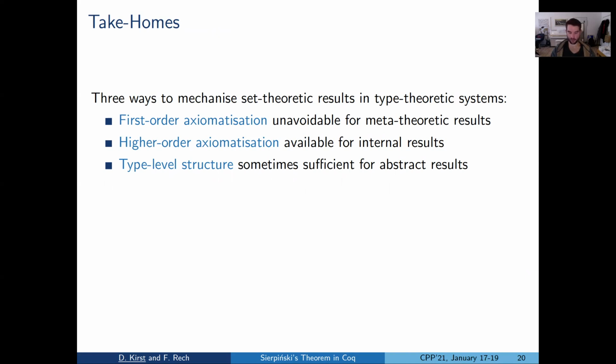So for instance, if one wants to do actual meta-theoretic results for set theory, then probably there is no way around using a first-order axiomatization, because only then you have access to syntax inspection and concrete model constructions. On the other hand, if you do something internal, it might well be that you can use higher order set theory and have an easier life, because then you can use a lot more of the type theoretical expressivity.